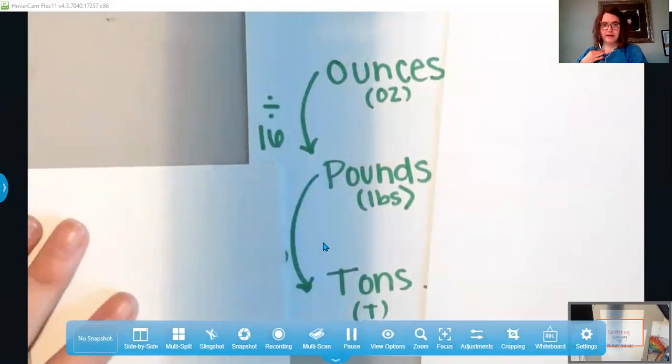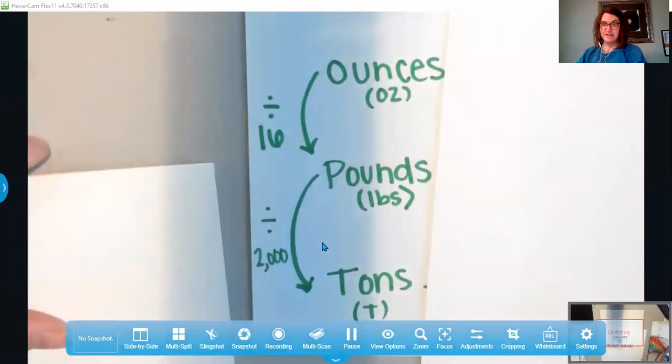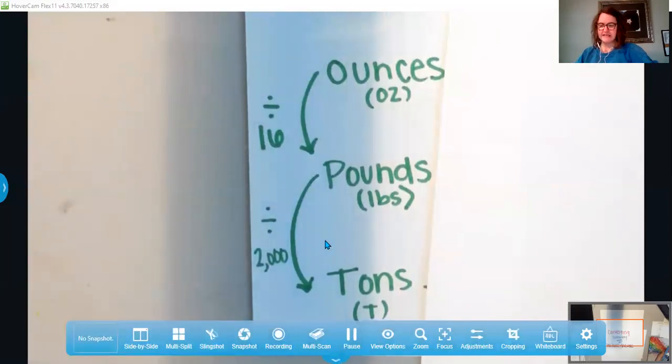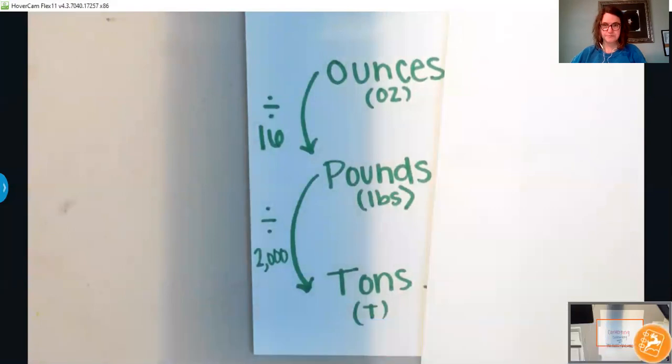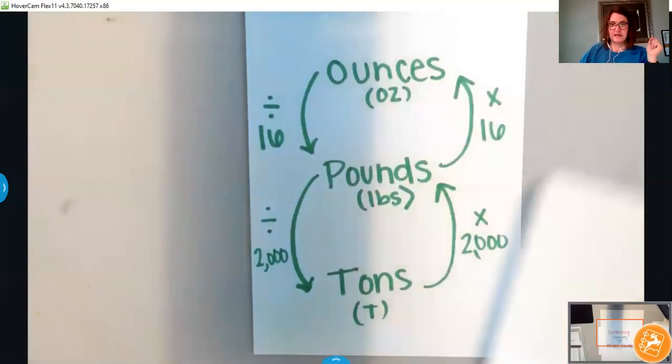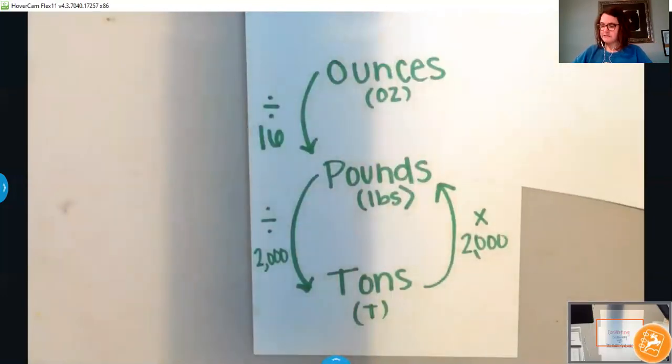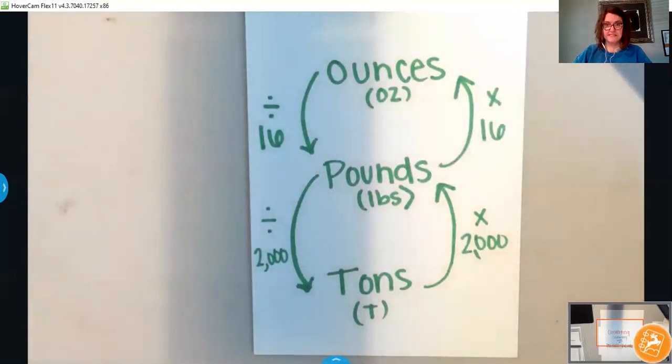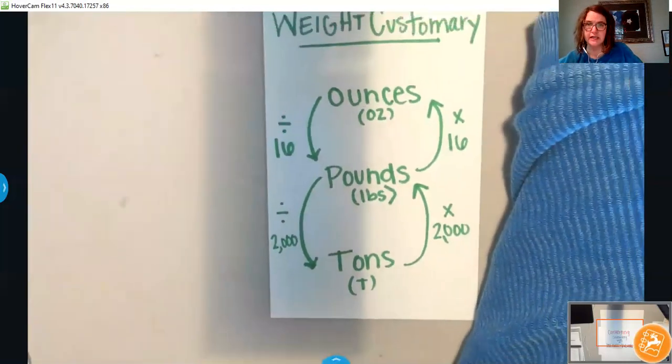Then another arrow, and divide by 2,000 to get to tons. On your other side, you'll need an arrow going from tons to pounds, where we multiply by 2,000, and then pounds to ounces, where we multiply by 16. Altogether, your page should look like this.